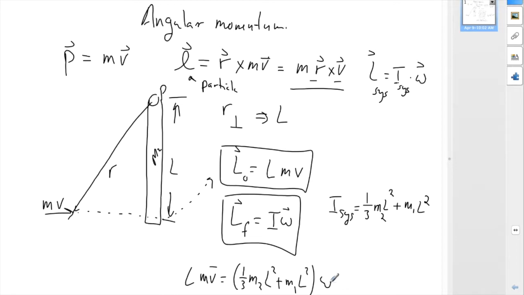The next problem that you'll often see is, imagine that I'm looking down on ice, and I have a rod that is set to spin, and I have an incoming mass.